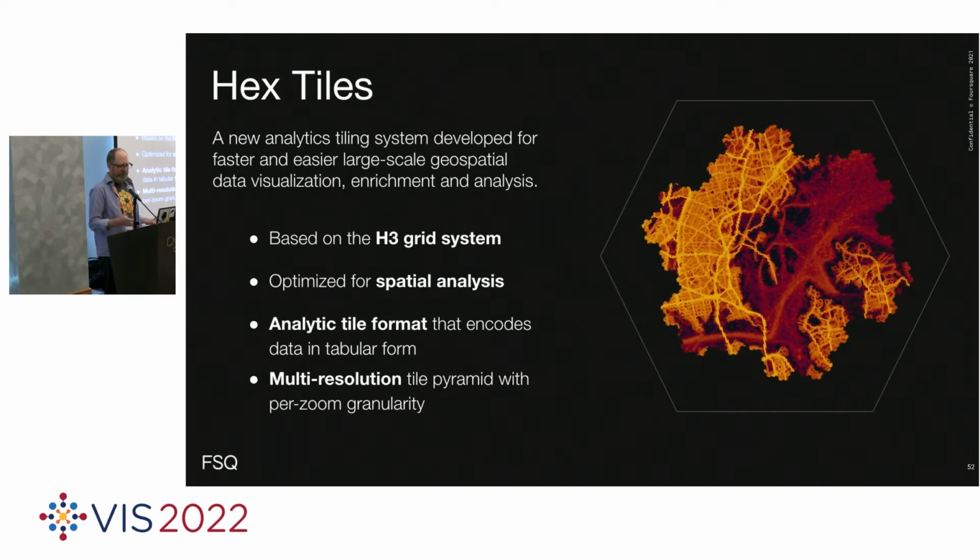And we can create these tiles, store them separately on a server, and serve them up as this multi-resolution tile pyramid. So if you're used to map tiles, you might be familiar with the idea of a tile pyramid where you have a small number of tiles at the top at a coarse resolution. As you zoom in, you draw from the larger and larger pool of tiles at a fine resolution. We can do the same thing for H3 data using HexTiles.